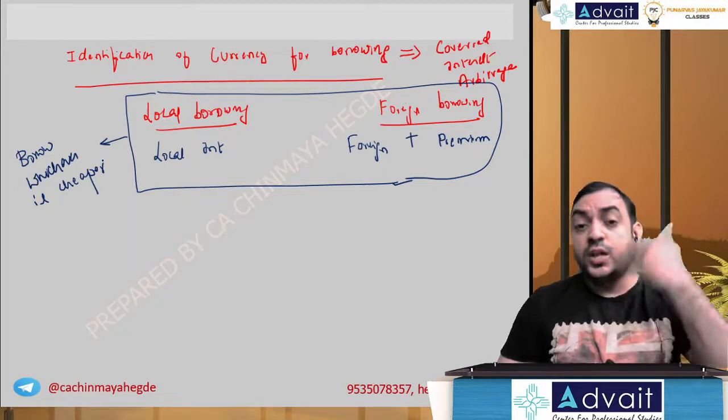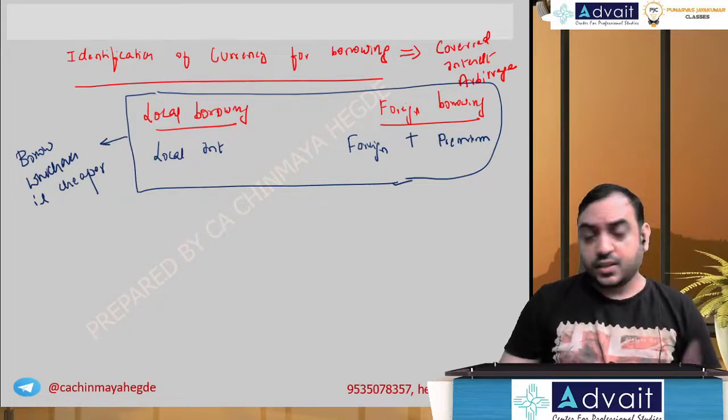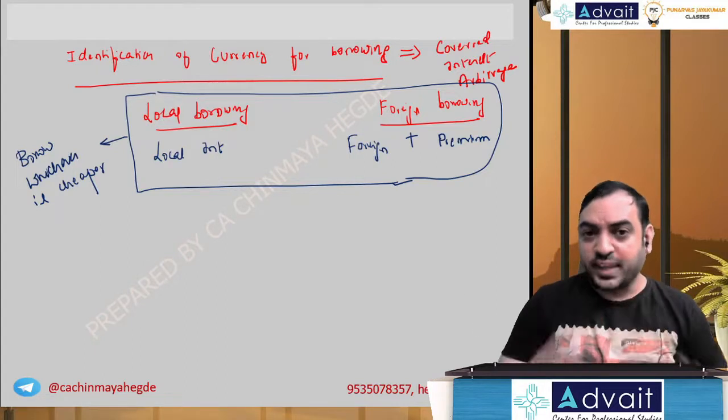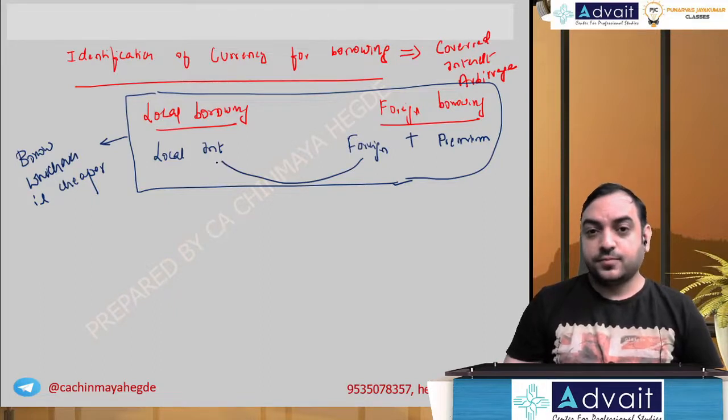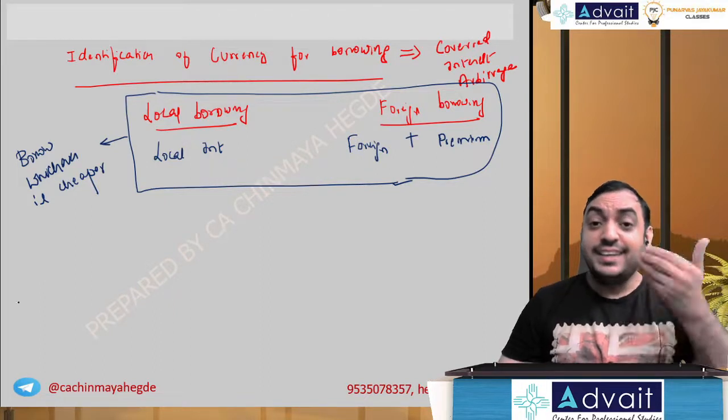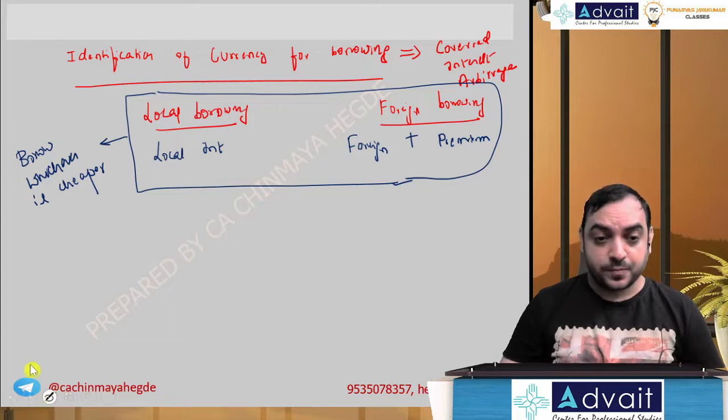Okay, there is one more angle to it. I would like to cover that as well. Mathematically, it should be equal, right? If the foreign interest rate comes to the left side, that is called the interest rate differential.